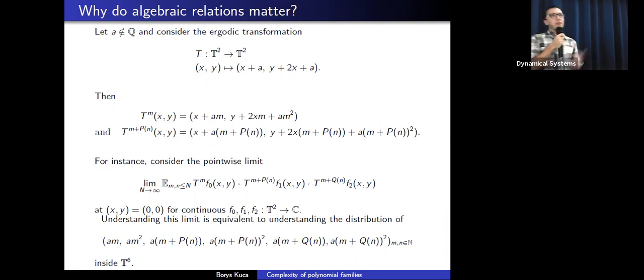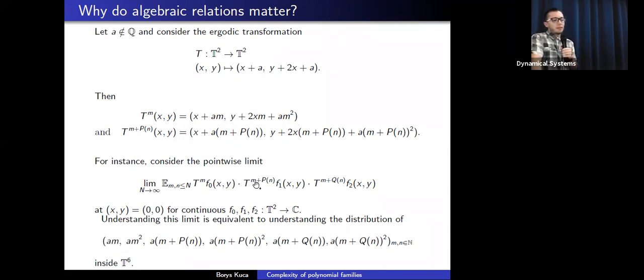That's just a very explicit application of Weyl's equidistribution theorem. And where do these terms come from? So if I take T^m at (0, 0), then by looking at this expression here, you see that in the first entry, I just get am, while in the second entry, I get am squared, hence the first two terms here.